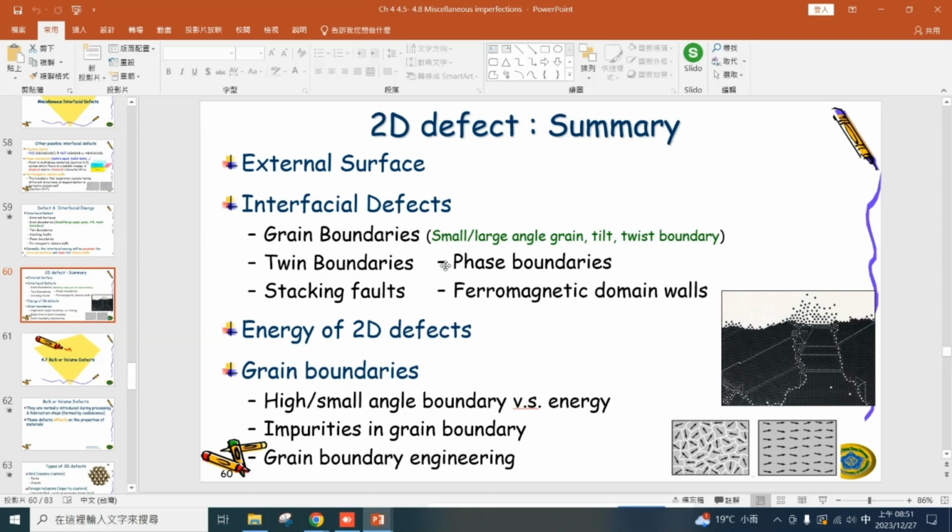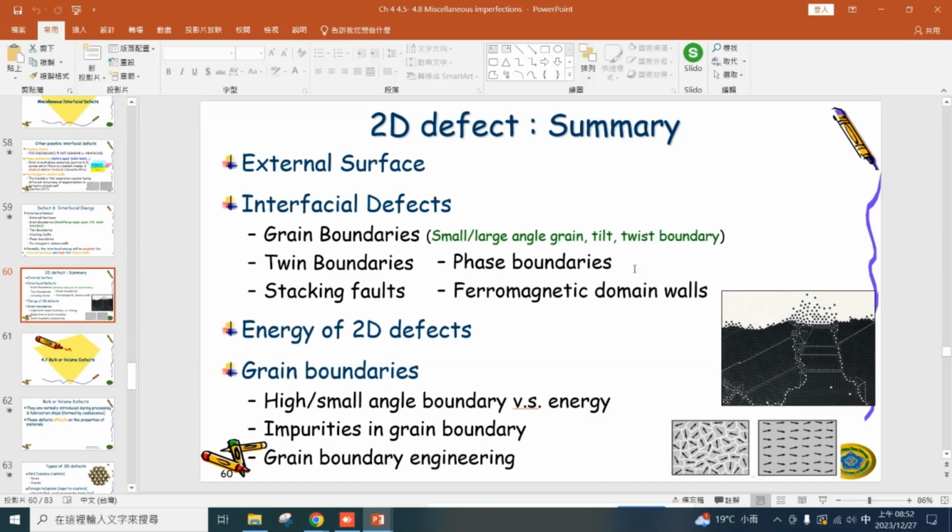Okay, twin boundary means what? It means a line where you have a mirror, like mirror defects, so if you fold these two faces, two grains together, they will perfectly match each other. So this is called twin boundaries. And also you have phase boundaries.